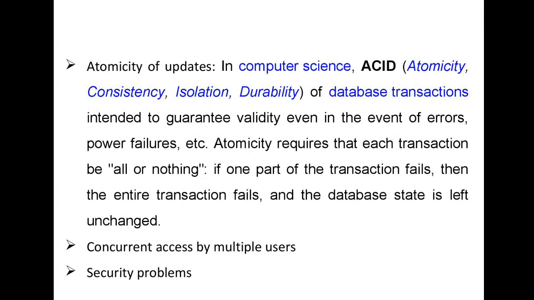Then atomicity of updates. In the computer science field they talk about one concept called ACID. The acronym ACID stands for atomicity, consistency, isolation, and durability. This is very important for database transactions, which intend to guarantee validity even in the event of errors. Consistency and durability are a very big advantage.